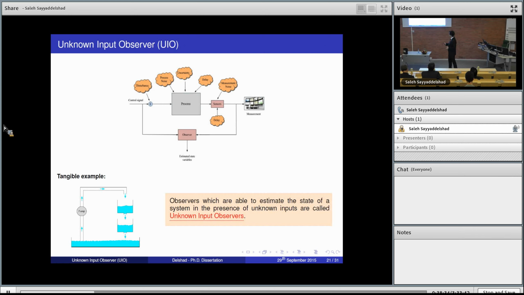You're measuring the height of the second tank, and you're basically estimating both heights. And what happens is that if somebody comes and opens the valve of the lower tank, your observer fails. The type of observer that you can design to be robust against this kind of unknown inputs is called an unknown input observer.